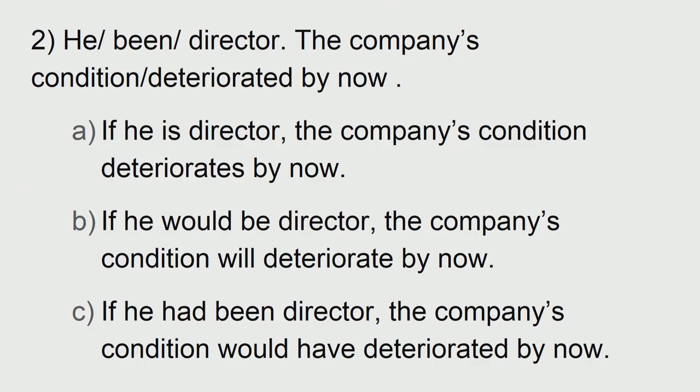Number 2, second sentence, he being director, the company's condition deteriorated by now. A. If he is director, the company's condition deteriorates by now. B. If he would be director, the company's condition will deteriorate by now. C. If he had been director, the company's condition would have deteriorated by now.